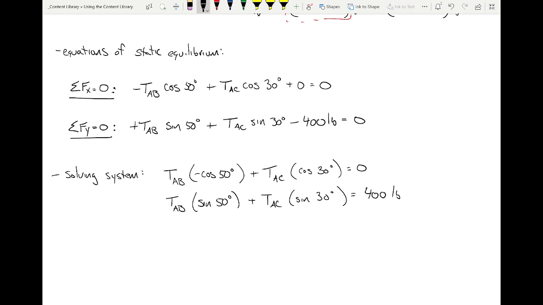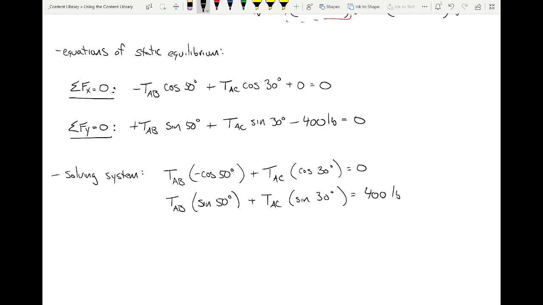Okay? So all I'm doing here is taking this system and reformatting it a bit. The reason I'm reformatting it this way is because if you look inside these parentheses, that's what I'm going to put in my calculator. Okay? I'm just maintaining the signs in a structured fashion so I don't lose where the positives and the negatives are.